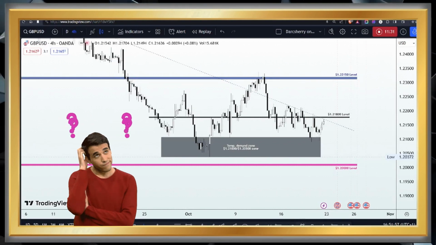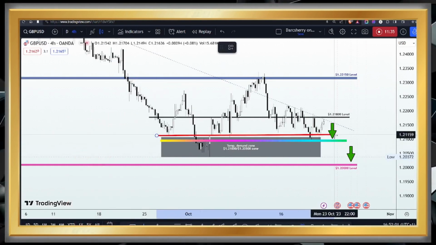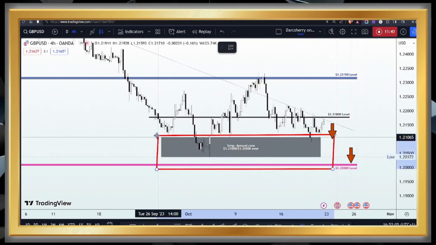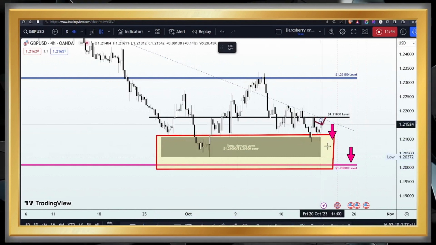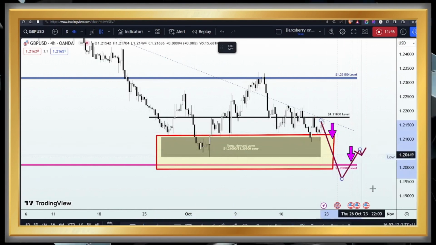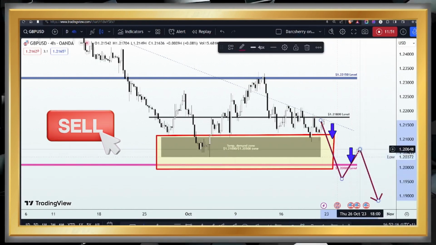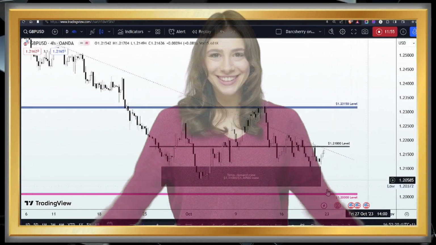Now, the first thing I would like us to see here is price breaking down both this temporary zone and our key level at the 1.21 area. Remember, this zone here had played a major role for buying pressure. So in fact, a slice through of the structure and retest will be all we need to be part of a downtrend scenario.